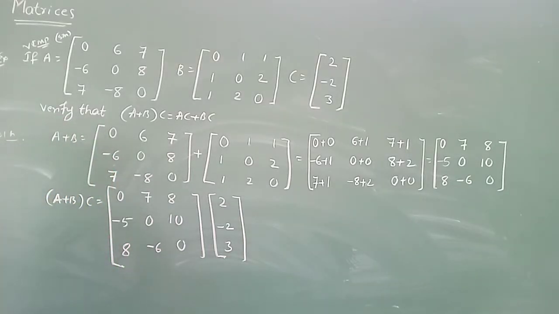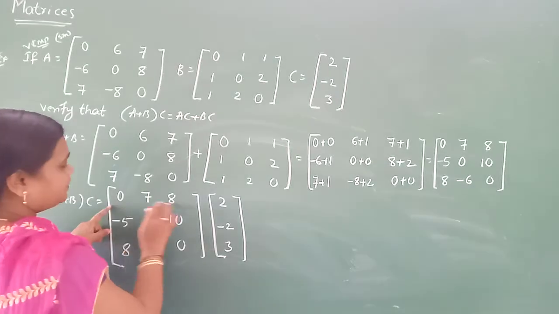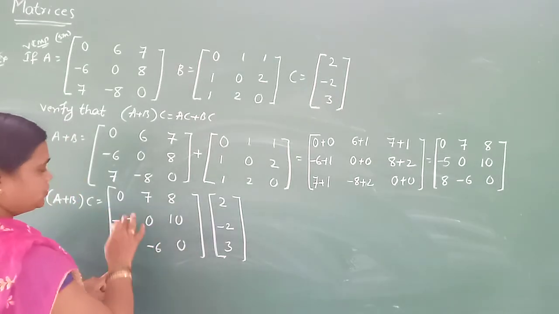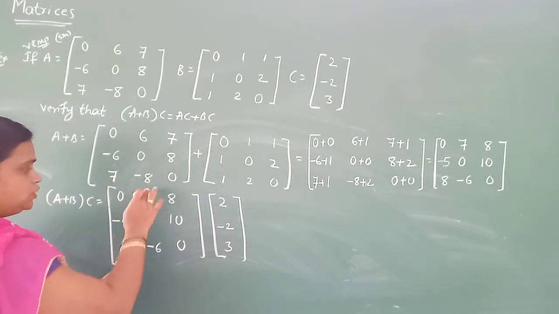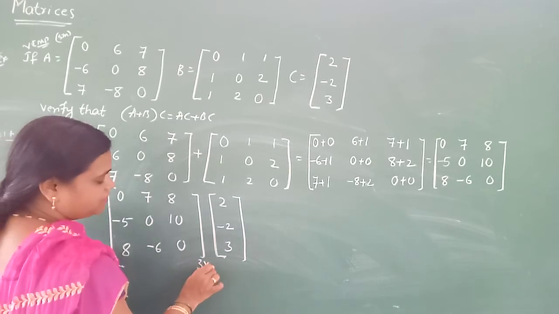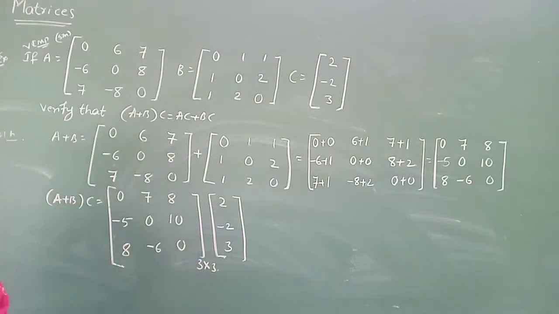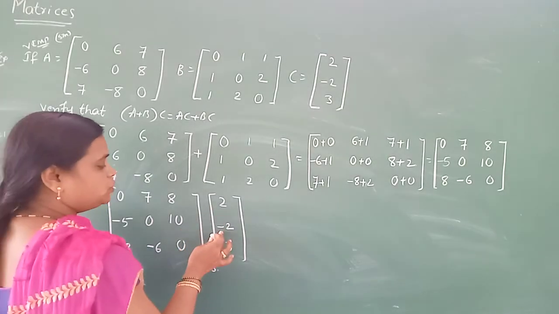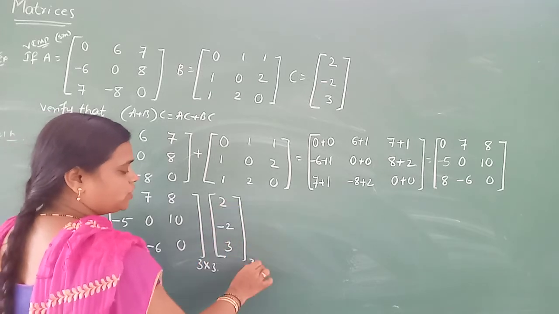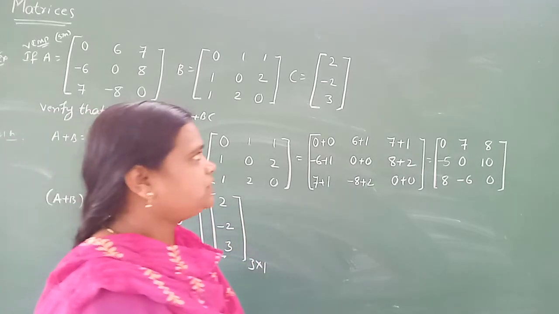And this one we are doing matrix multiplication. See how many rows? 1, 2, 3, 3 rows. How many columns? 1, 2, 3. It is a matrix of order 3 cross 3. And this is 3 rows. How many columns? Only 1 column.